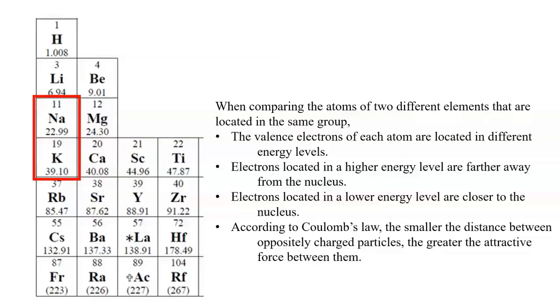So the electrons that are located in a higher energy level are farther away from the nucleus. Electrons located in a lower energy level are closer to the nucleus. So according to Coulomb's law, the smaller the distance between oppositely charged particles, the greater the attractive force between them. So the electrons that are closer to the nucleus will be more strongly attracted.